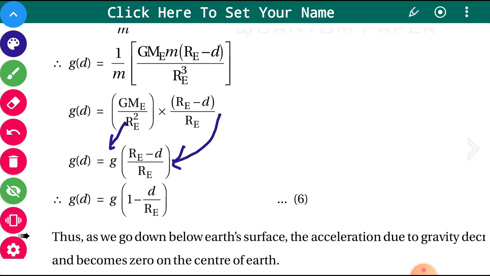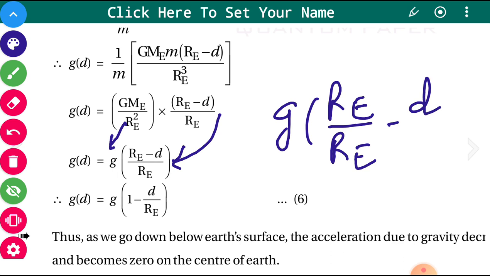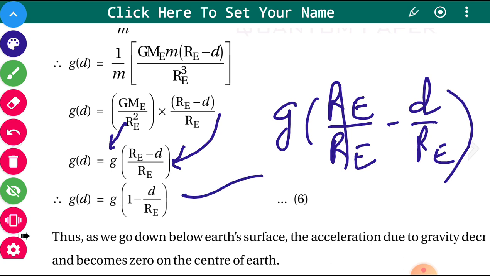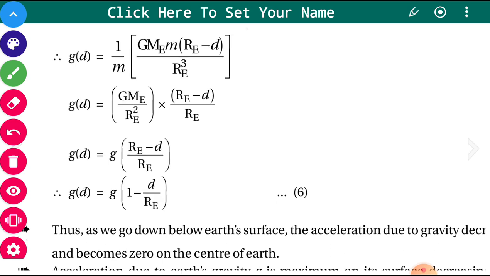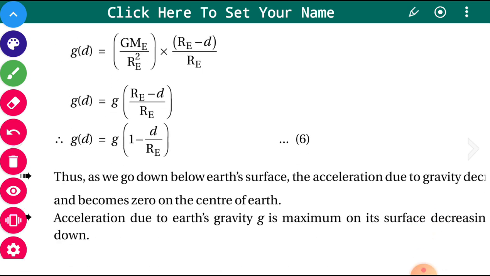Then Re upon Re becomes 1. So 1 minus d upon Re is the final simplification of that bracket, and gravitational acceleration at depth is equal to gravitational acceleration on the surface of the earth into 1 minus d upon Re.